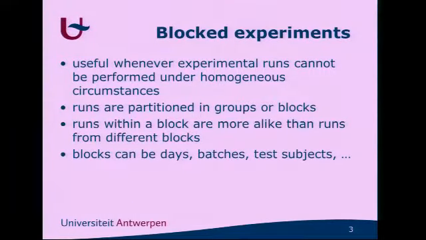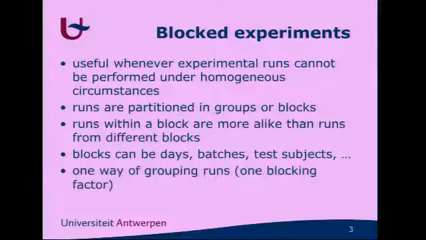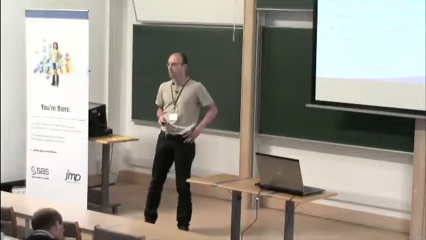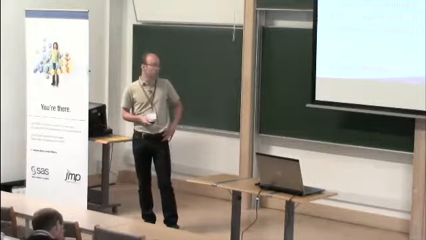The blocks can be days, batches, or test subjects; basically any type of factor that groups the runs into homogeneous groups. In this talk, I will restrict myself to just one blocking factor, one way of grouping the runs.